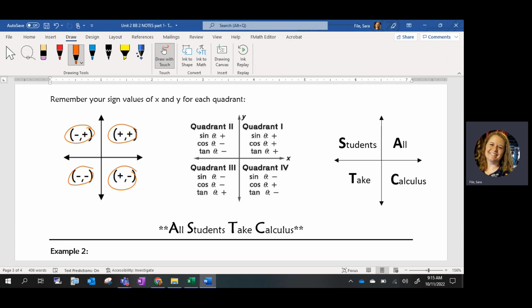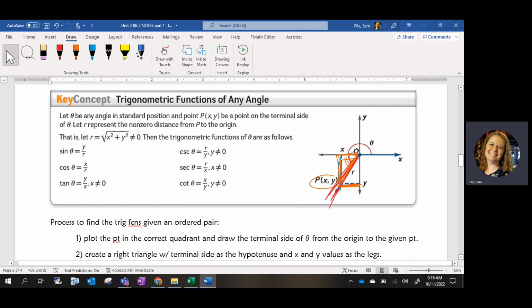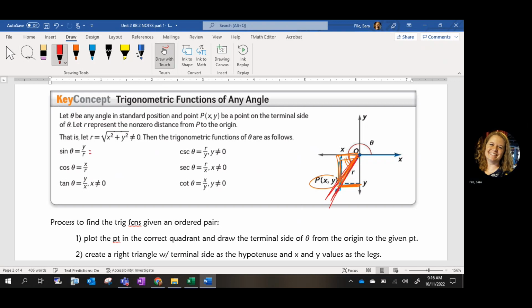So if you think about X and Y corresponding to the trig ratios, like we said up here, the trig ratios are with which X, Y, and R that corresponds to. If you want to add O, A, and H to all of those, you can. Y is your opposite side and your R is your hypotenuse.